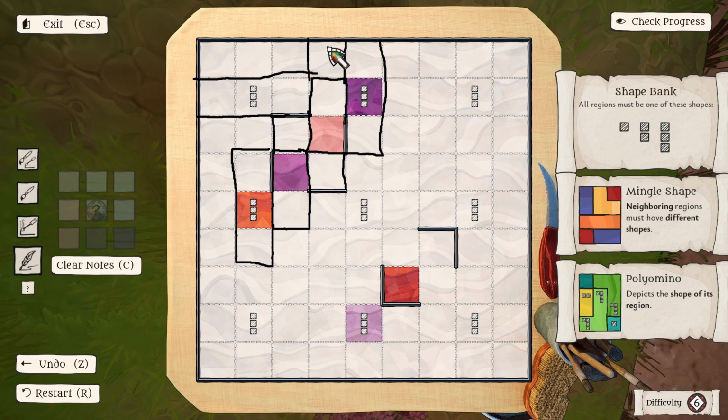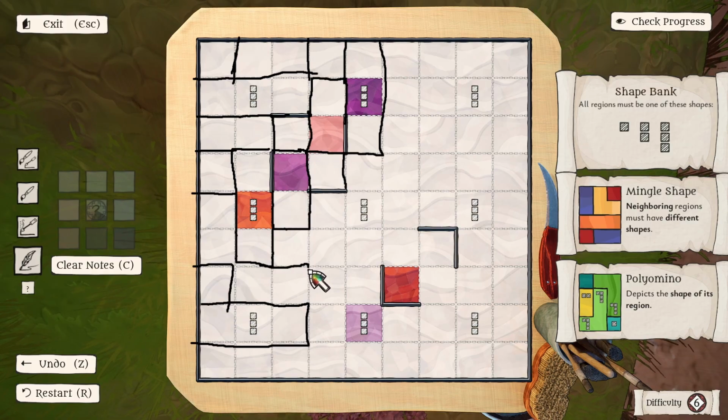We would have a 1, a 2, and a 1. And a 2, and a 1, and a 2. And a 3, like that. Now this is a 1. So that's a 2. That's a 1.